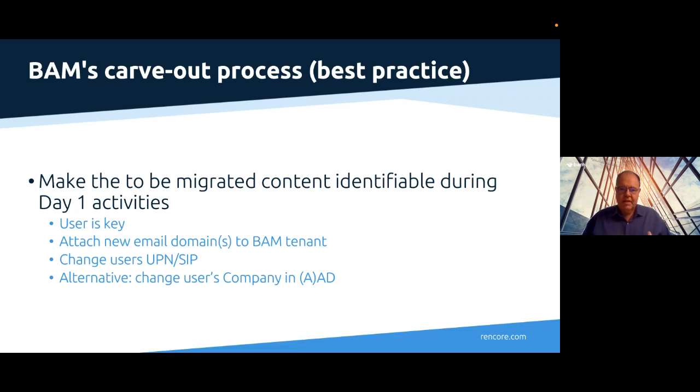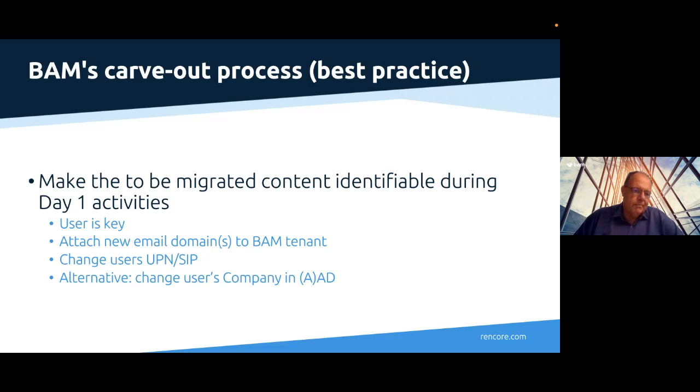But there must be a way to identify that these users belong to the carve-out, and everything they own or participate in needs to be also carved out or handed over to the new owner. So that's the first thing we always start with. That's one step in the whole process.